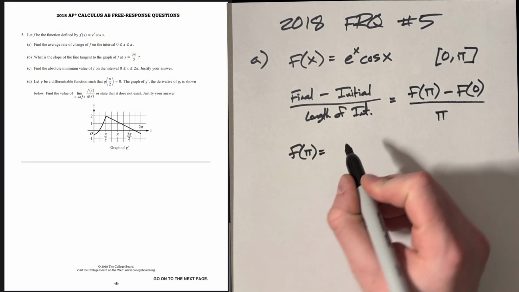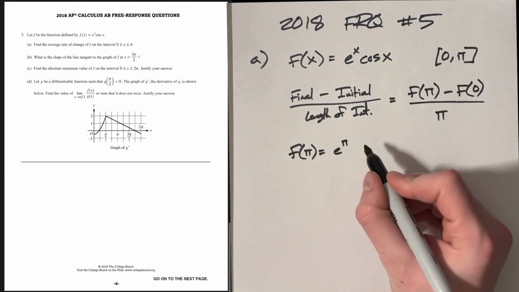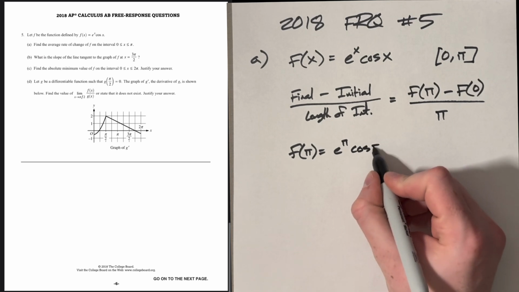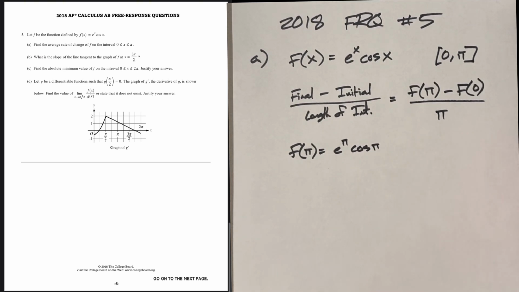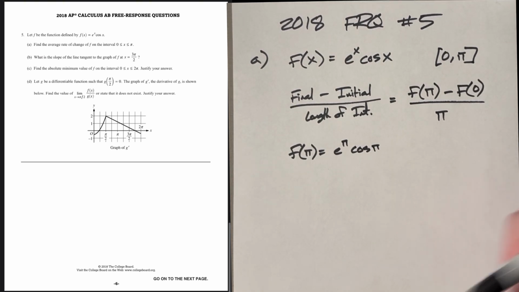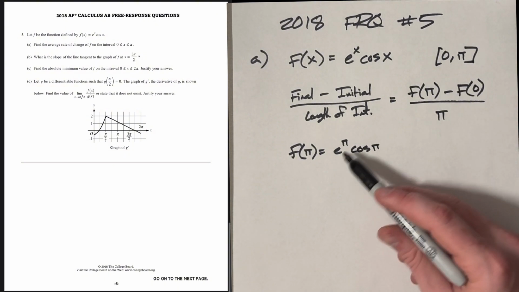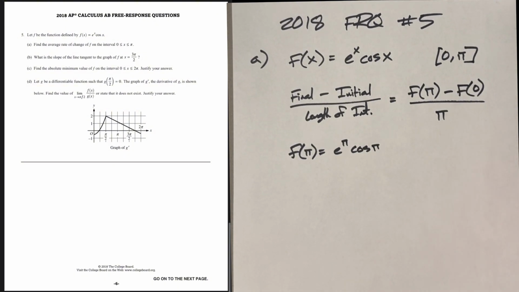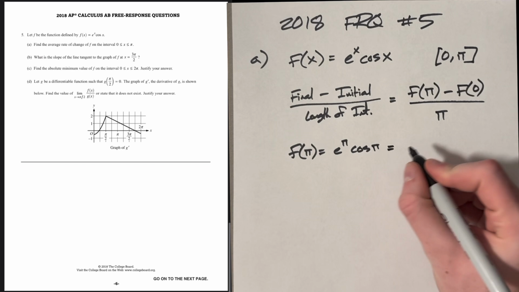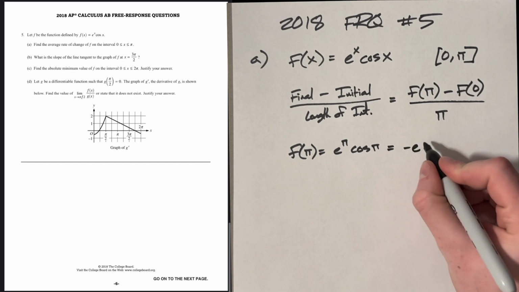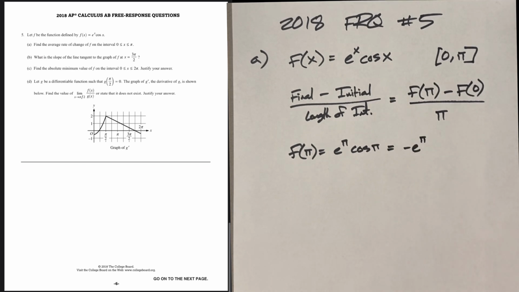F of pi is e to the pi power times the cosine of pi. E to the pi looks pretty weird, but it's actually just a constant, right? Because those are two constants. The cosine of pi is -1, so f of pi becomes negative e to the pi power.